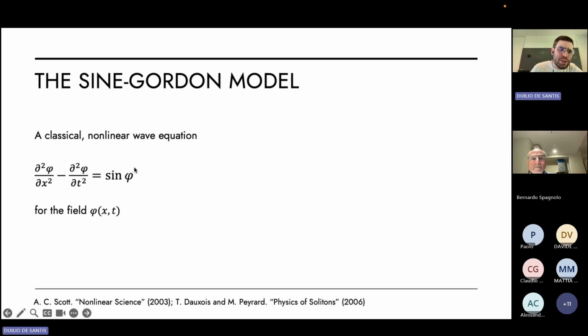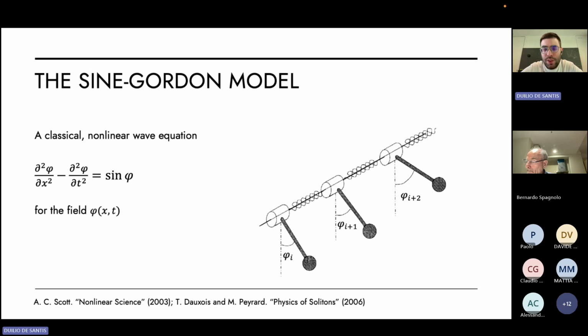We typically consider a one-dimensional system, so this field phi is a function of space and time, and essentially this is a nonlinear generalization of the Klein-Gordon equation. Instead of taking phi on the right-hand side, we take sine of phi, and this is why the equation is called sine-Gordon.